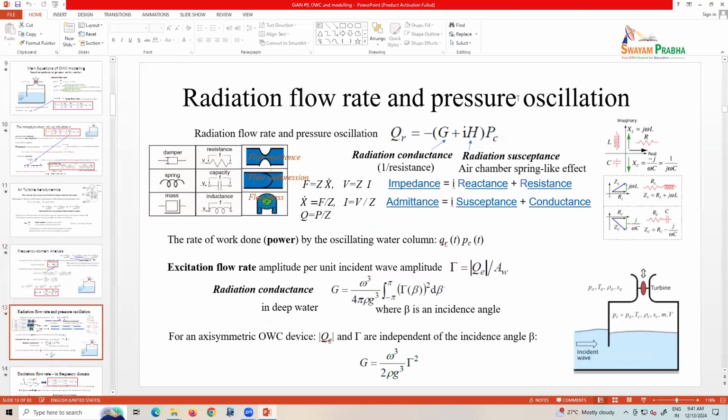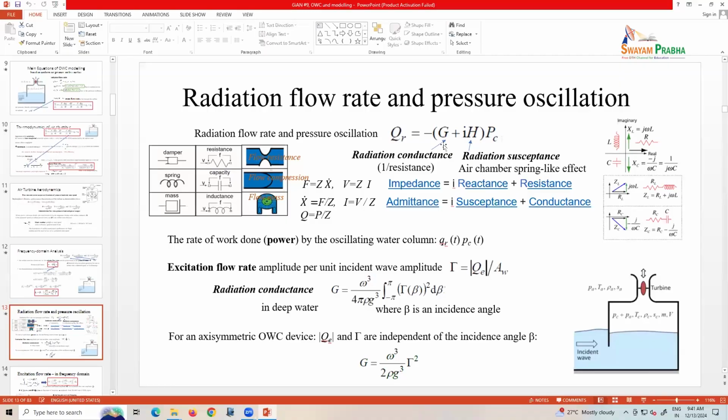To understand the important conclusion here, I will introduce the flow rate and pressure relationship. Usually they are proportional with some coefficients. The coefficient can be a complex number. What does a complex number mean? It means there is a phase difference between the flow rate and pressure. There is a real part and an imaginary part.